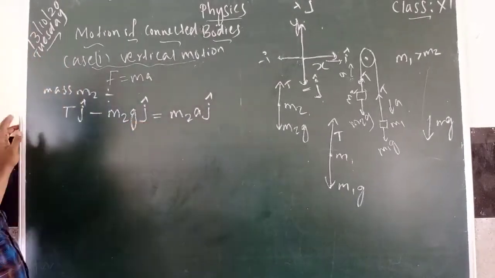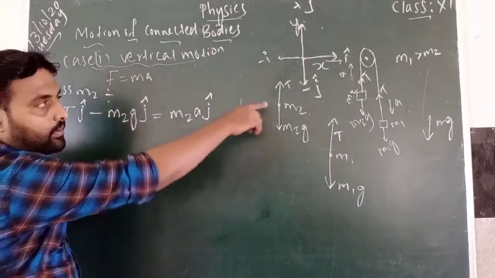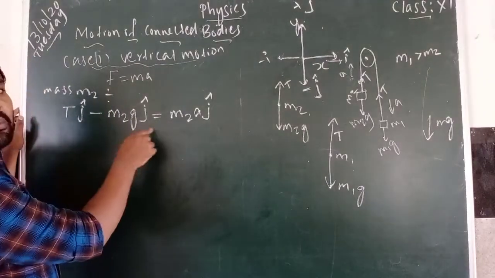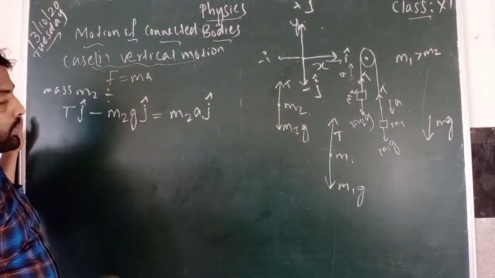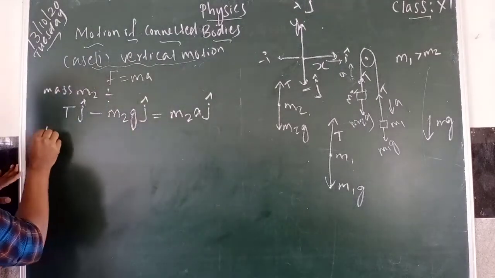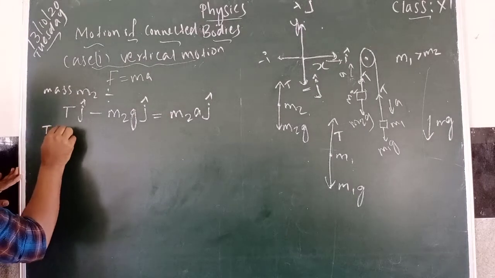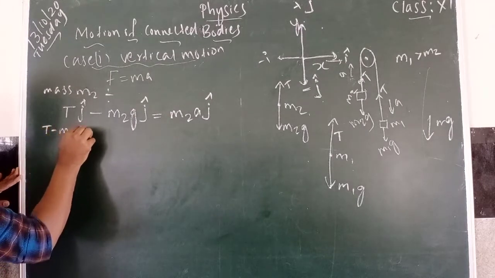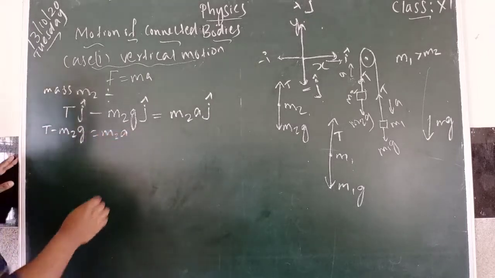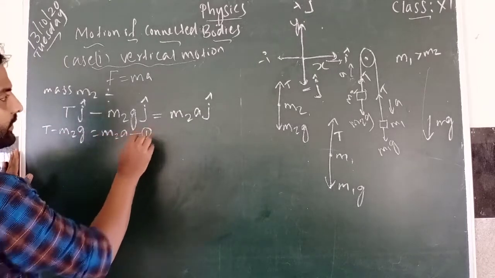This is the equation we write from this free body diagram. Comparing the components, without the unit vector, we write T minus m2g equals m2a. Take this as equation 1.